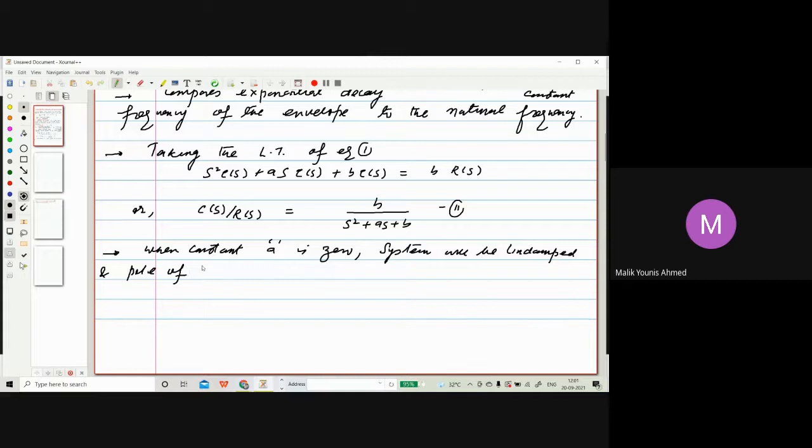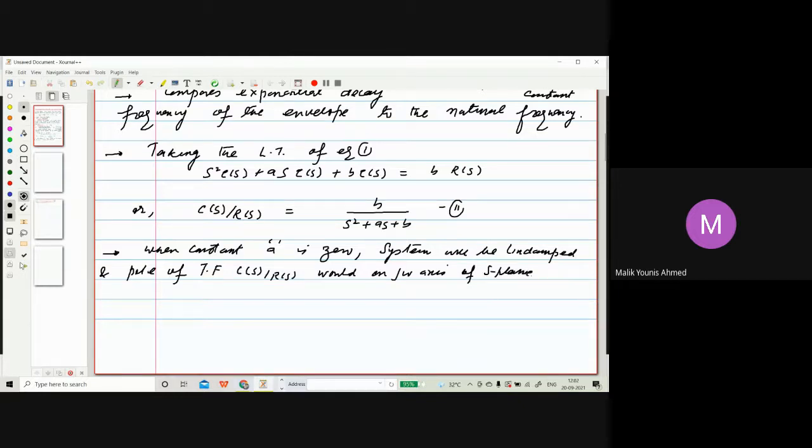poles of transfer function, that is C of S by R of S, will happen to what? They would be on the jω axis. That means on the imaginary axis of the S plane.